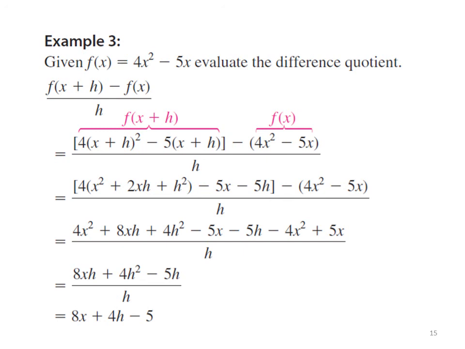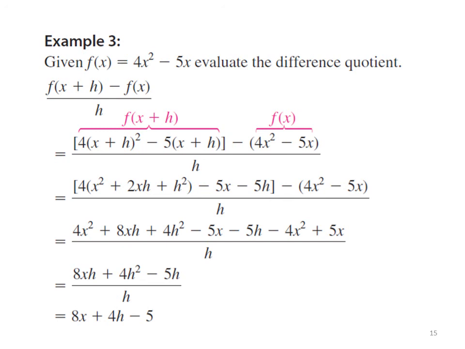So this entire bracket here is just f of x plus h. For the definition of f of x, just replace x by x plus h. Now in the formula for the difference quotient, you subtract f of x, so you subtract 4x squared minus 5x.